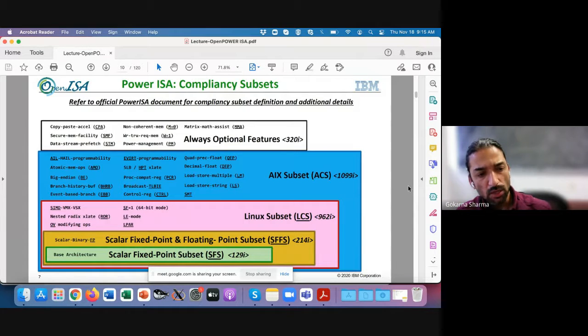So it somehow simplifies. Particularly, scalar has not that much of a meaning here, but I will suggest you go look into the Power ISA specification, the whole document, if you want to dive further into this. There is a lot of content there for every instruction.